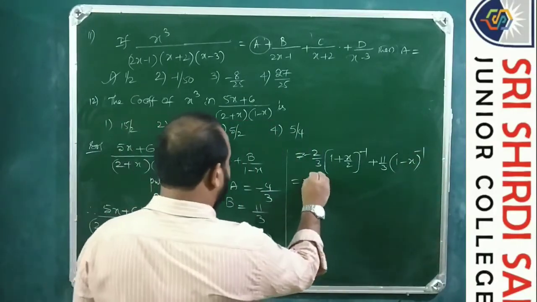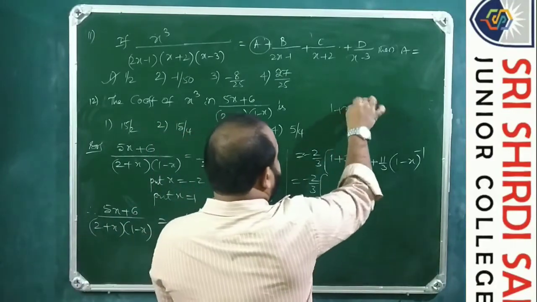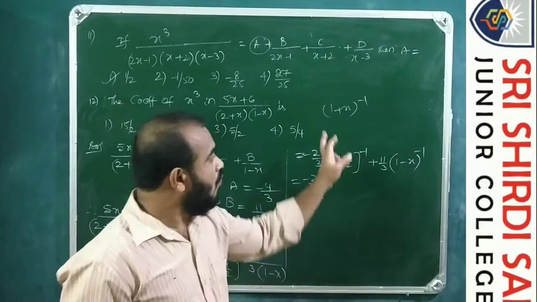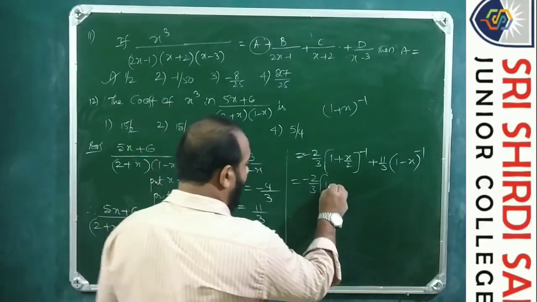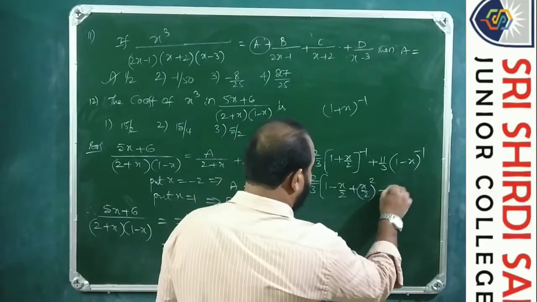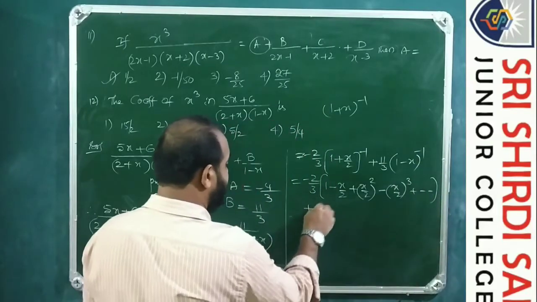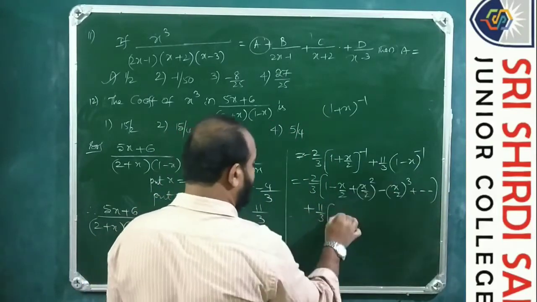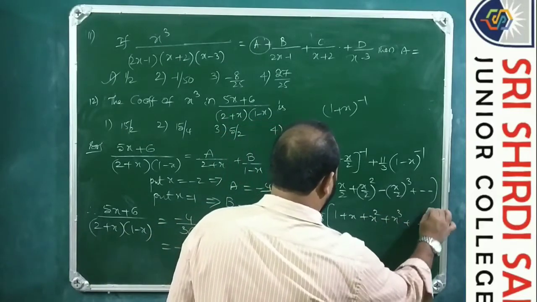So this is minus 2 by 3 into (1 plus x) whole power minus 1 is 1 minus x plus x square minus x cube and so on. So this is 1 minus x by 2 plus (x by 2) whole square minus (x by 2) whole cube plus and so on, plus 11 by 3 into 1 plus x plus x square plus x cube plus and so on.